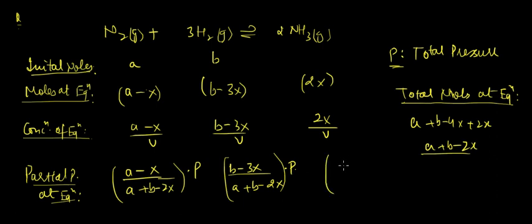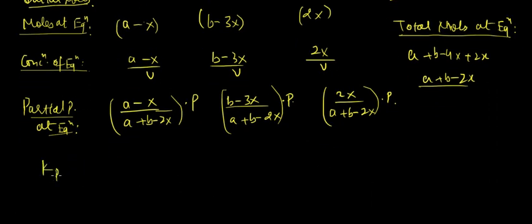Similarly, for ammonia, the partial pressure would be 2X divided by A plus B minus 2X multiplied with total pressure. So Kp in this case would be partial pressure of NH3 squared divided by partial pressure of nitrogen, not squared, its stoichiometric coefficient is only 1, so P to the power 1 would be there, so only P, and partial pressure of H2 cubed.